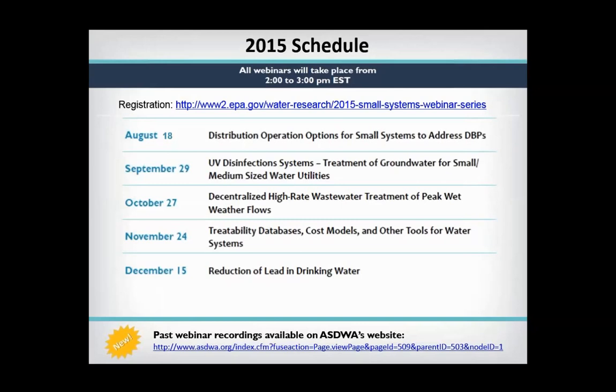One of them is that if you've got a system that's trying to add an orthophosphate or blended phosphate corrosion inhibitor, the phosphorus reacts with the aluminum, and so the phosphate does not make an effective lead or copper phosphate deposit on the surface of the pipe, because you get this fouling from this aluminum-phosphorus kind of compound.